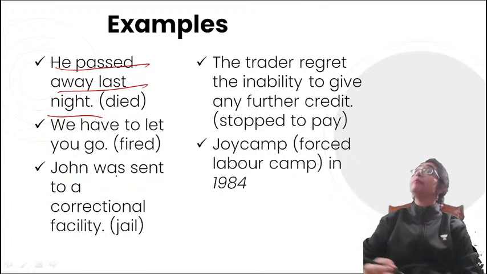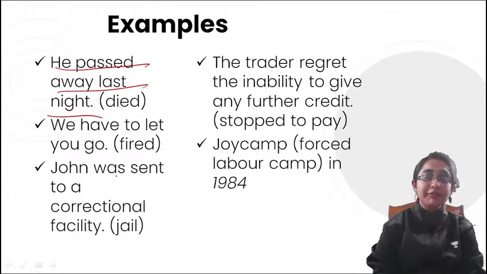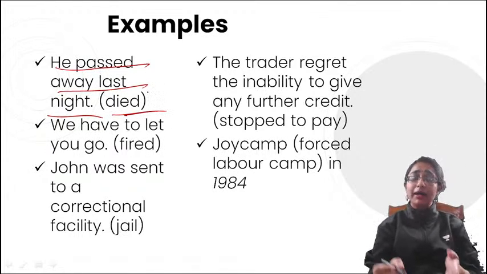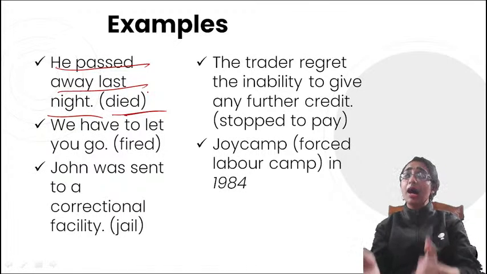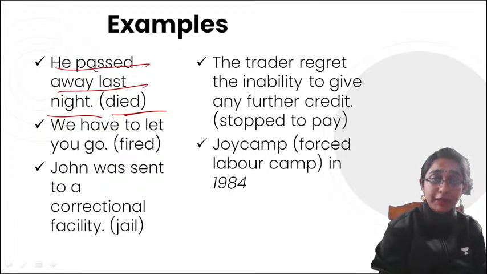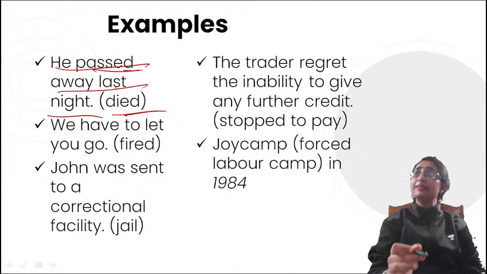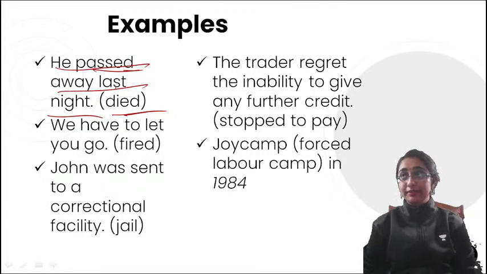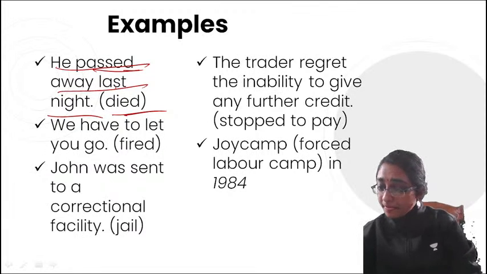We often say that he passed away. Died is a very harsh word. In that sense, I am trying to make a harsh thing very polite. That is why I am using passed away. So he died last night seems very harsh, but I am saying he passed away last night. That means he died.